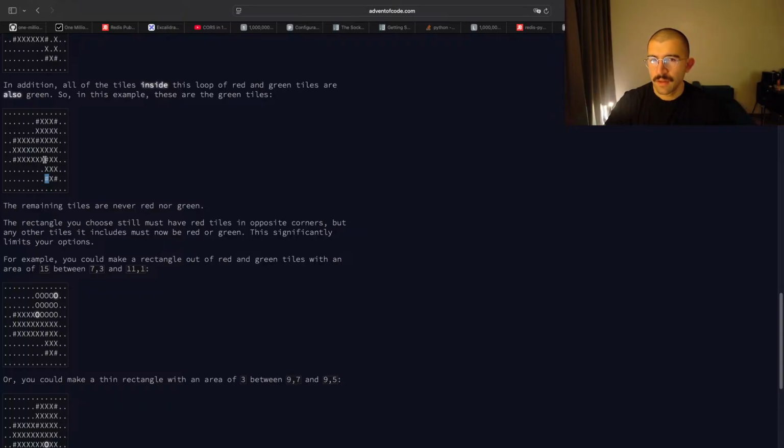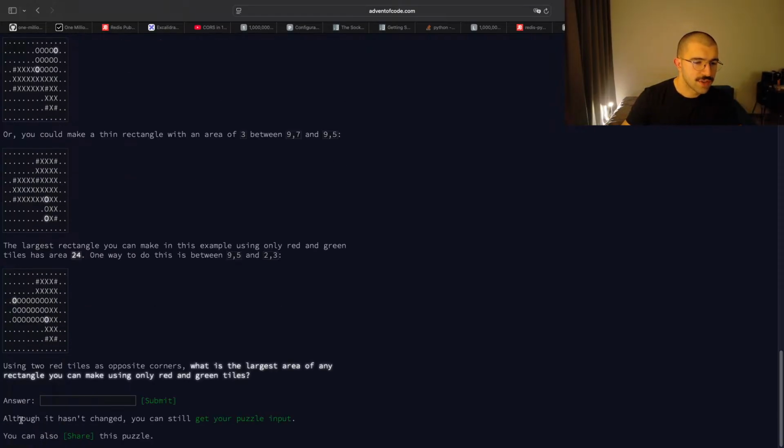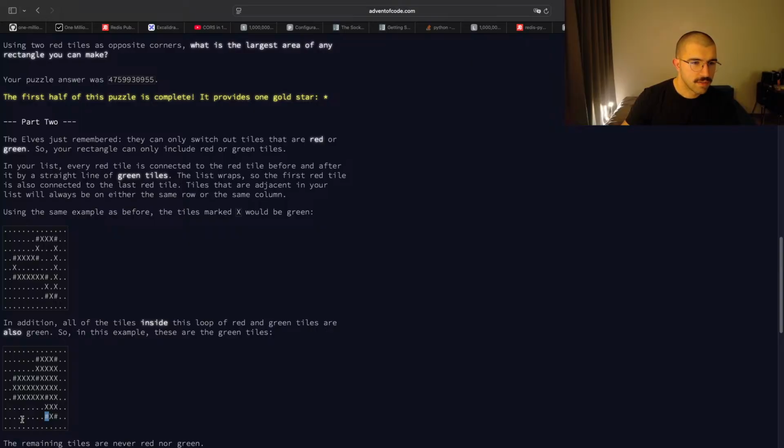I think there has to be some kind of relation that we can identify. Let's see. In your list, every red tile is connected to the red tile before and after it by a straight line of green tiles. Before and after. So like this is the before one.